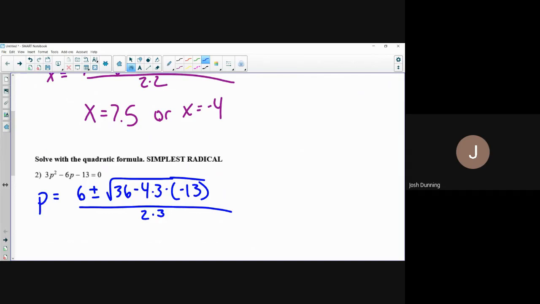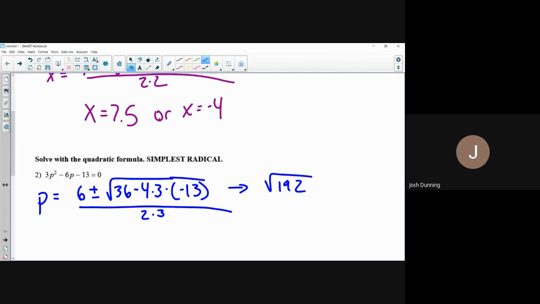Now, again, we know we don't want to take that square root. All you want to do is type in what's underneath it to your calculator. And you get 192. Radical 192.